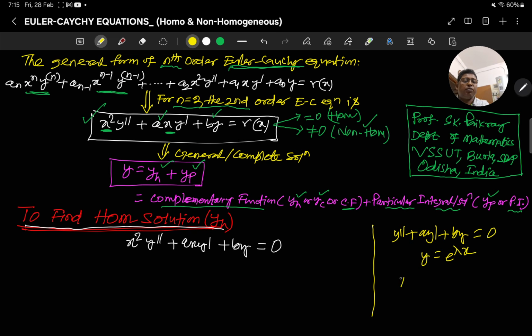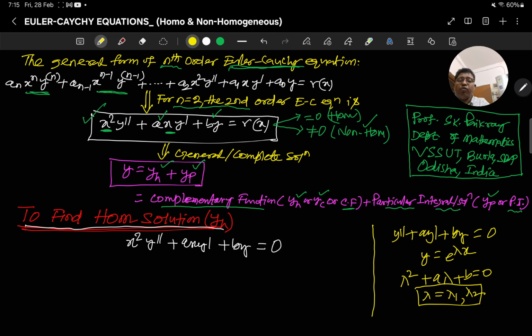The auxiliary equation becomes lambda square plus a lambda plus b is equal to 0. Solving this gives you two values, lambda 1 and lambda 2, and there are different cases: real and distinct, real and repeated, and complex conjugate.